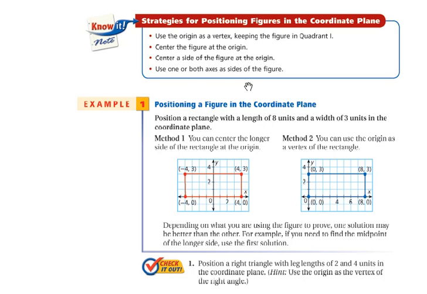And then another strategy is to use one or both axes as sides of the figure. And that would be this example again where we have the sides of the rectangle part of the x and the y axis. So just setting your geometric figure up here with what makes sense and to make things as easy as possible for you.